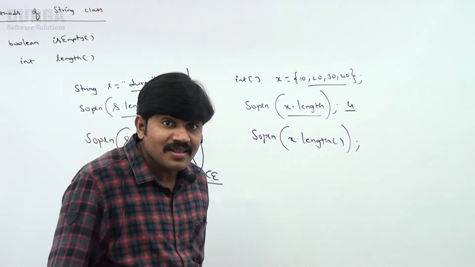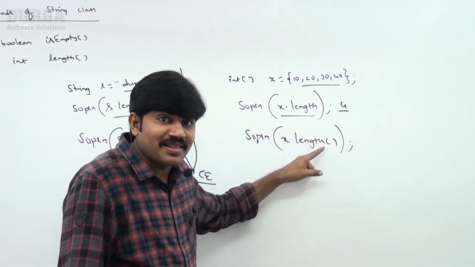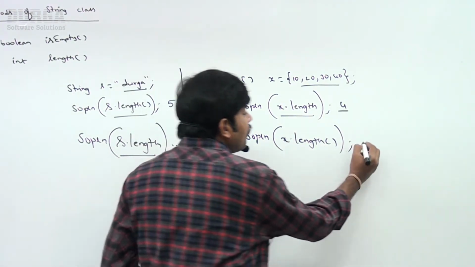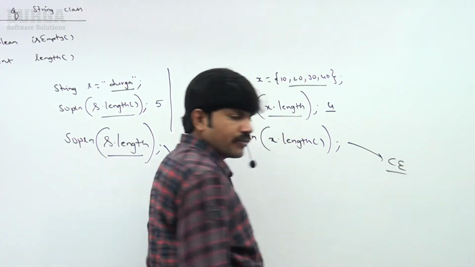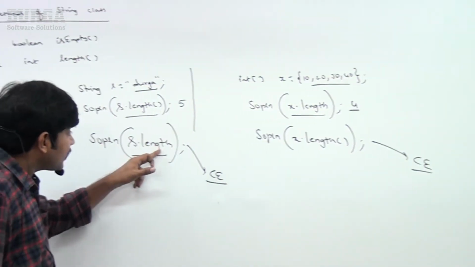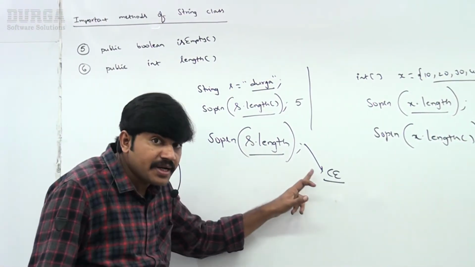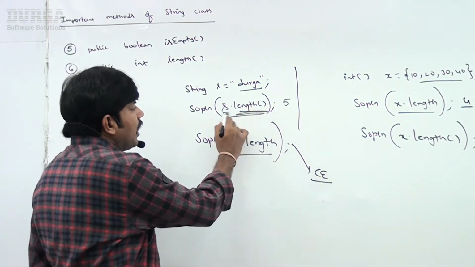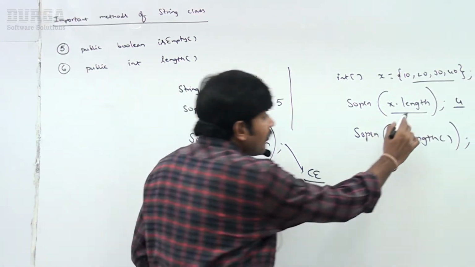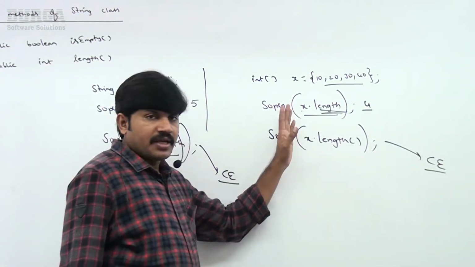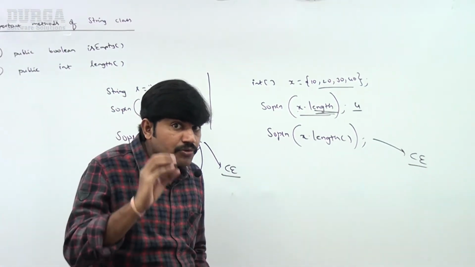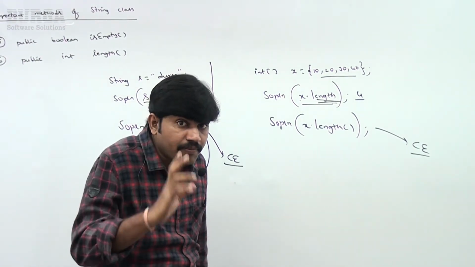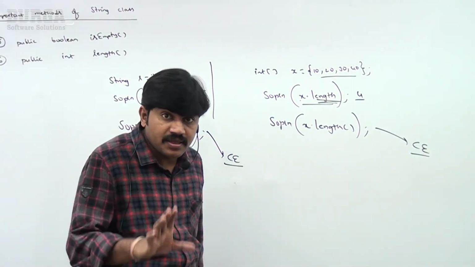If they try to use the length method for an array, immediately we get a compile error. If they try to use the length variable for a string, immediately we get a compile error. Length method for string, length variable for arrays. Keep this point in your mind, very important for the exam's sake.